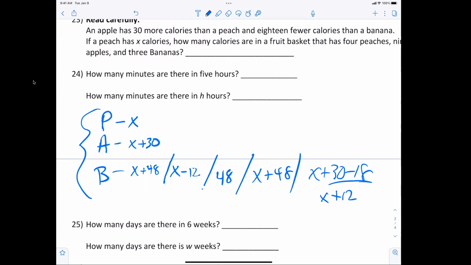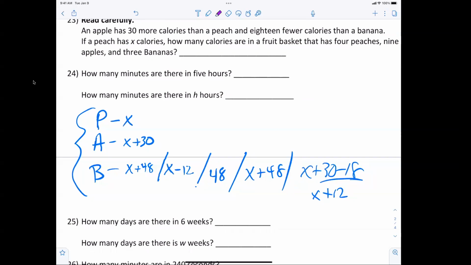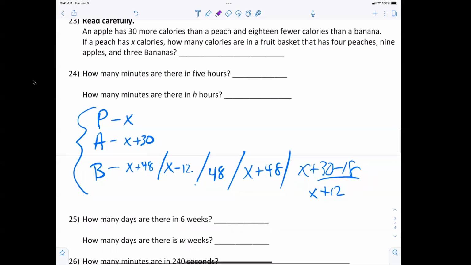So let's look, please, because this is hard. And I really want everyone in here to be smart enough to do this. So look up. It says an apple has 30 more calories than a peach. So the apple is X plus 30. Now, an apple has 18 fewer calories than a banana.